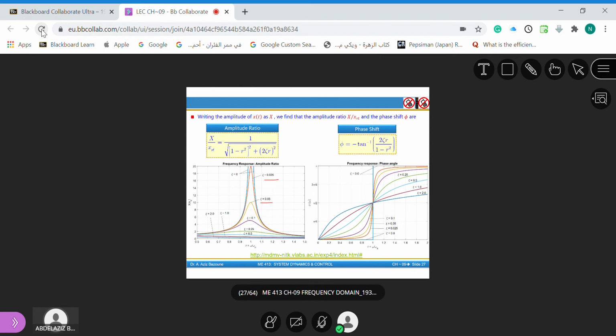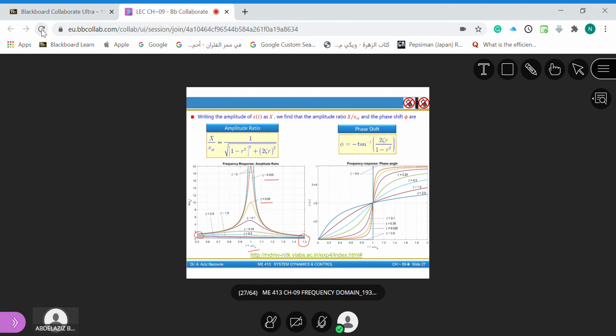The amplitude ratio starts from here, goes up to the maximum value, and then with increasing omega over omega n, it also decreases. So it starts at a smaller value, increases to a maximum, and then goes down to minimum values again.